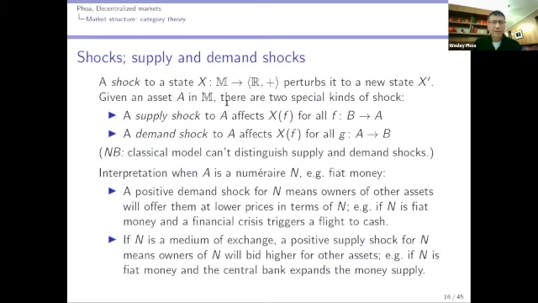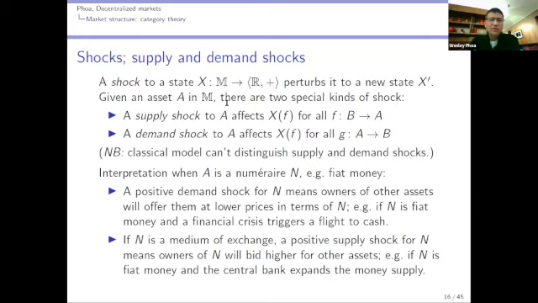You can talk about shocks and think about how they propagate, although we don't have that machinery yet. So a shock in general to a state is just another state to which it's perturbed. But given a particular asset, you can define what it means to have special types of shocks.